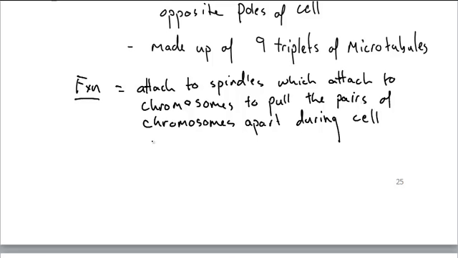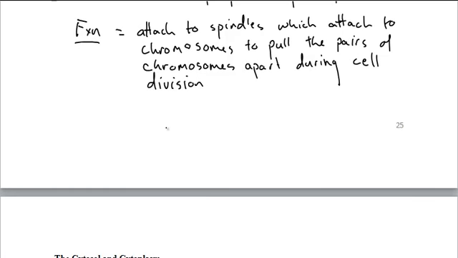This makes sure that one chromosome goes to one side and one to the other side, so that each new cell gets one copy of the chromosome.